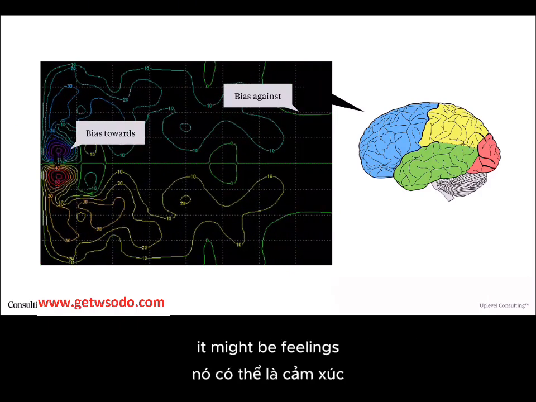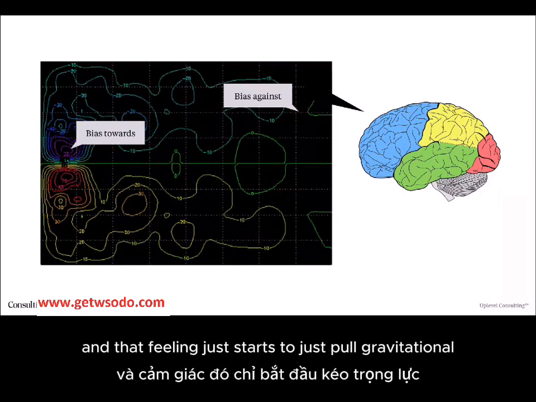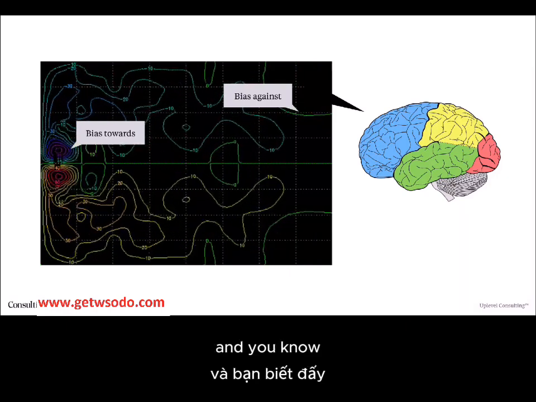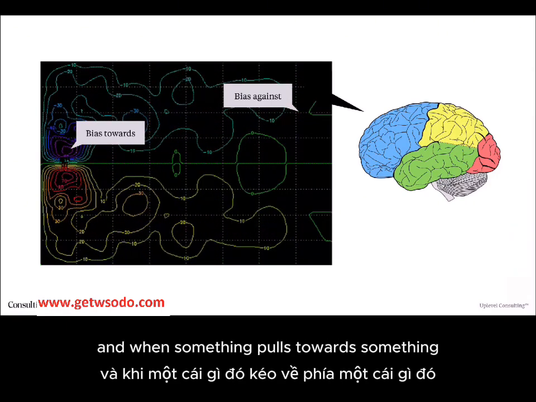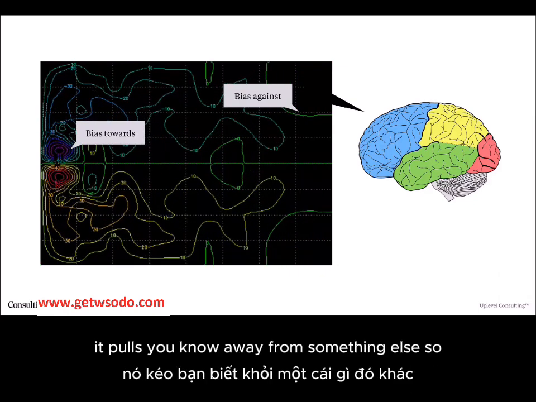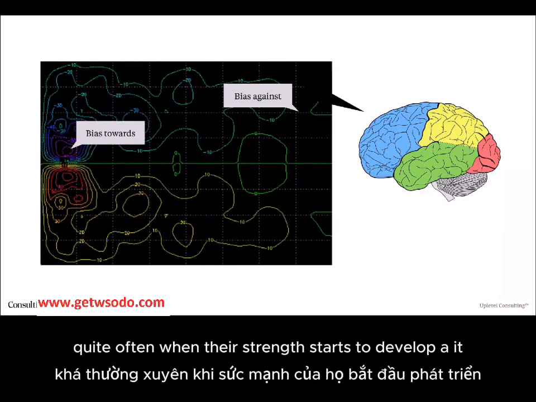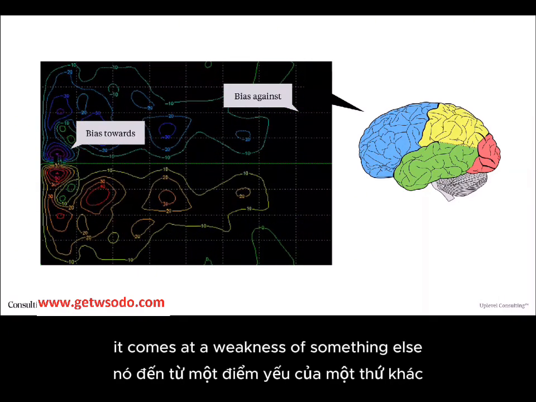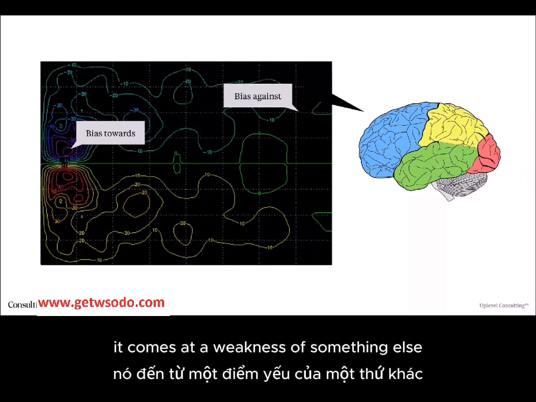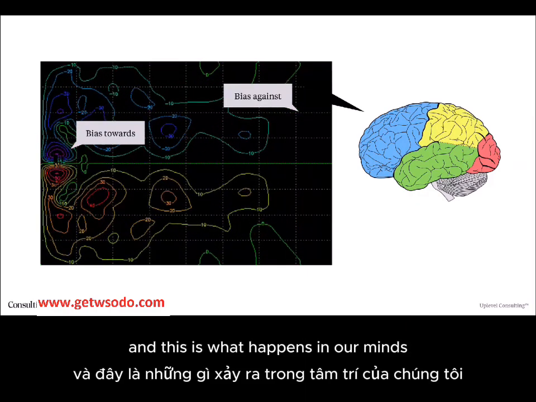It might be feelings, you start having a small feeling towards it, and that feeling just starts to pull gravitationally and build up to this big thing. And when something pulls towards something, it pulls away from something else. So, quite often when a strength starts to develop, it comes at a weakness of something else. And this is what happens in our minds.